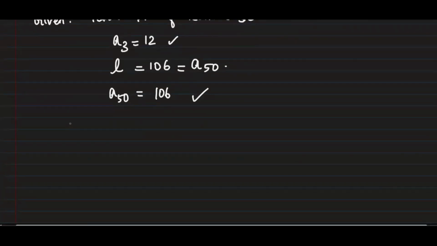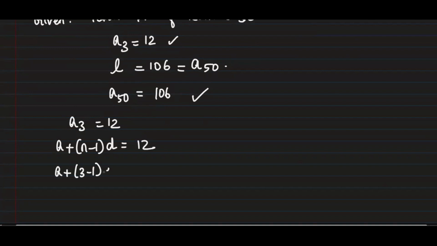So A3 is equal to 12. That is A plus N minus 1 into D is equal to 12, or A plus 3 minus 1 into D is equal to 12. So A plus 2D is equal to 12. So this is the first equation we have got. Okay.